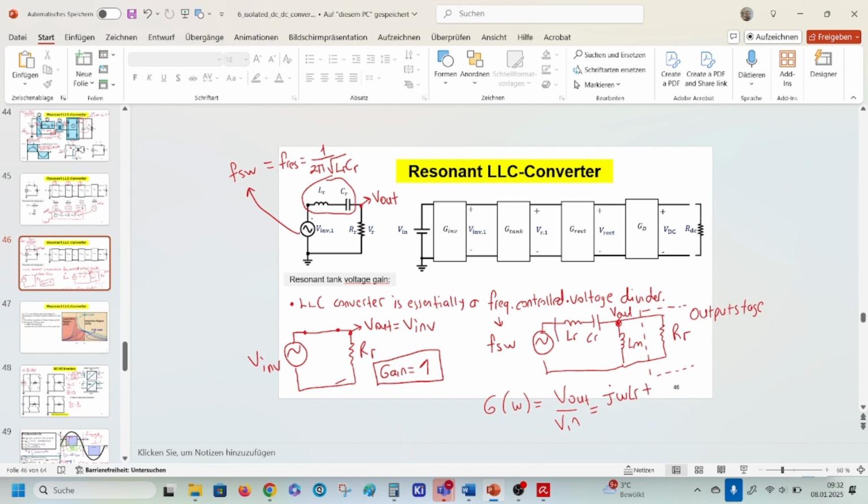The total impedance is that this portion, divided by our input voltage. Maybe just show also this portion.